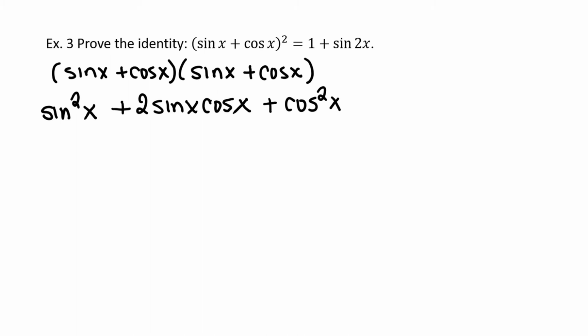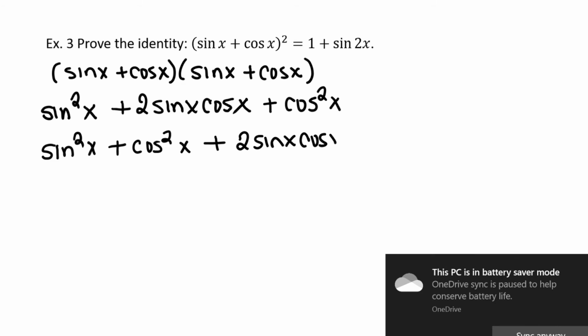I'm going to change the order a little bit to make it a little bit clearer what I'm shooting for. So I'm going to write this as sine squared x, using the commutative property of addition. I'm going to switch the 2 sine x cosine x with a cosine squared x. So I'll have sine squared x plus cosine squared x plus 2 sine x cosine x.